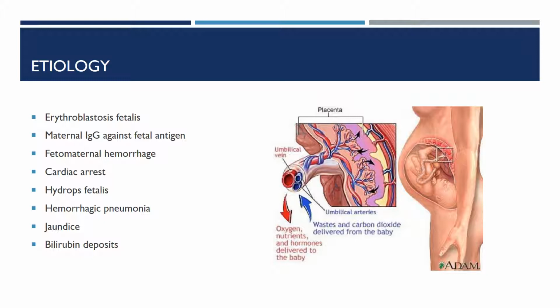And the reaction can be anywhere from relatively mild to severe, and that is all based on how strong the reaction is between the antibody and the antigen. In some cases, the fetal cells might just be sensitized, covered with antibody, which would still reduce their overall lifespan.